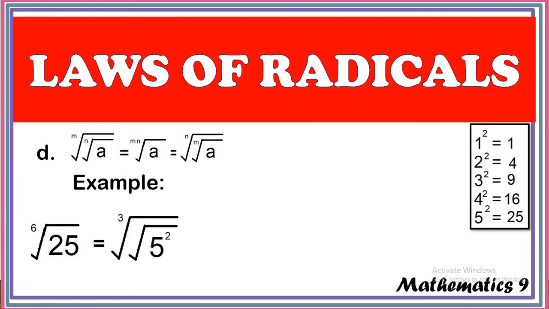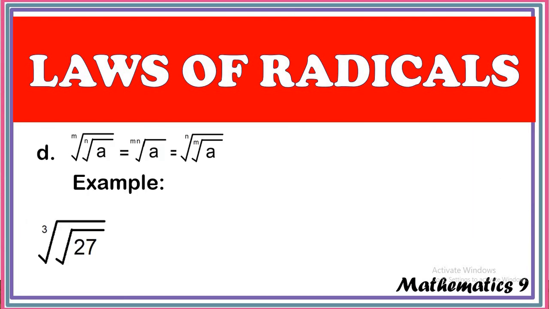Since the exponent of your base is 2, the inner radical is squared and the outer radical must be cubed. So we can cancel this part, and your final answer will become the cube root of 5.